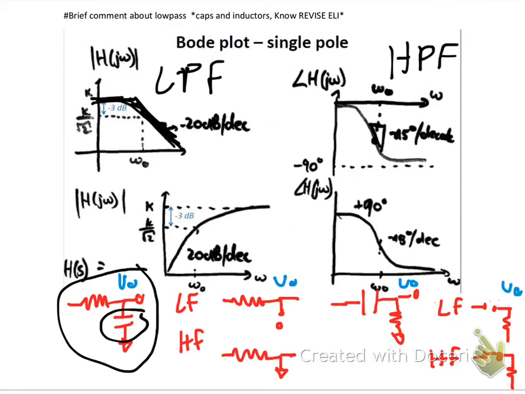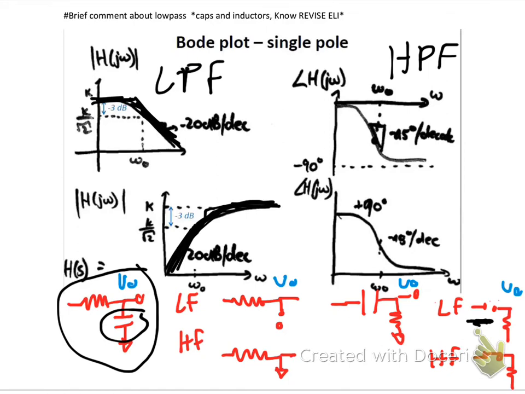For your high pass, the capacitor is open at low frequency, so you've got no output, and at high frequencies it becomes a short, so you get a voltage output, which is where this comes from. That was just some basic revision.